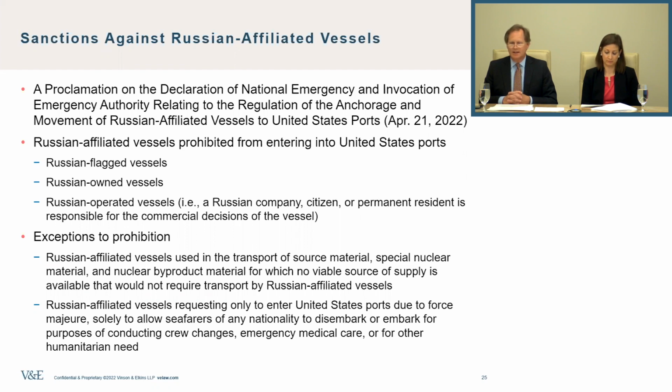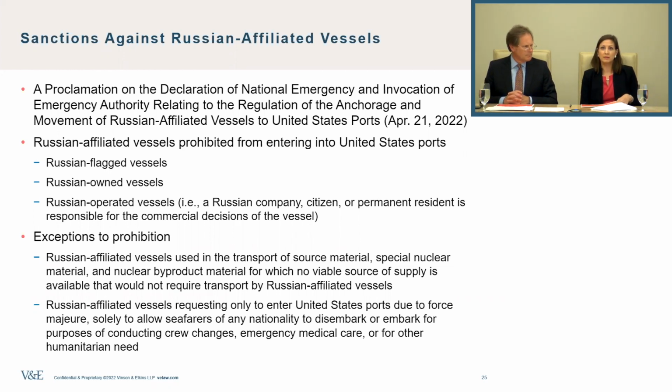And in addition, if there's a force majeure or life safety issue where some vessel needs to come into a U.S. port, that's accepted out of that order. But the idea here is it's just another incremental sanction to cut Russia off as much as possible from the U.S. economy and, as a collateral effect, from the world economy.